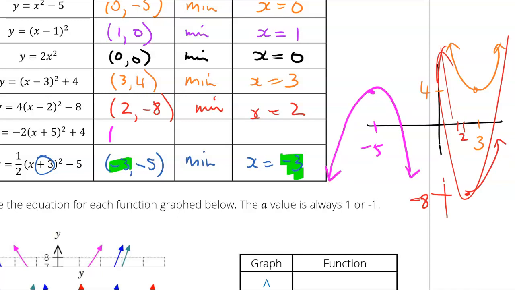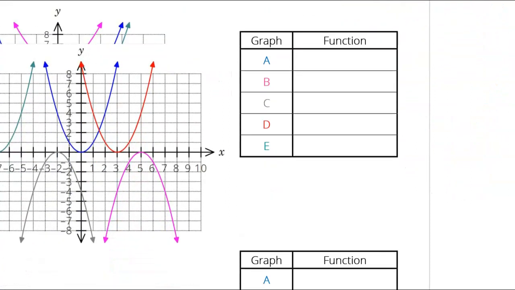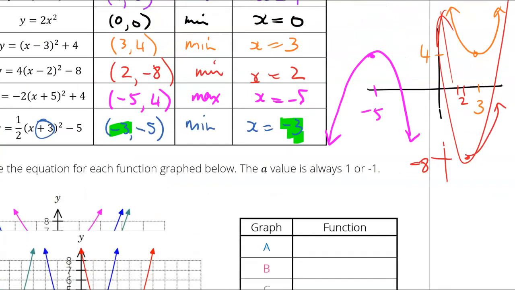The negative, yep. And remember, the equation of the line of symmetry is the same as the x value of the turning point.